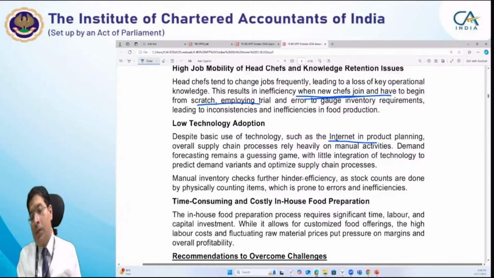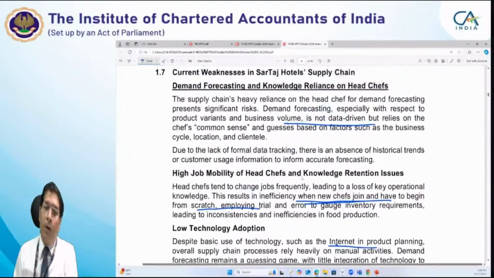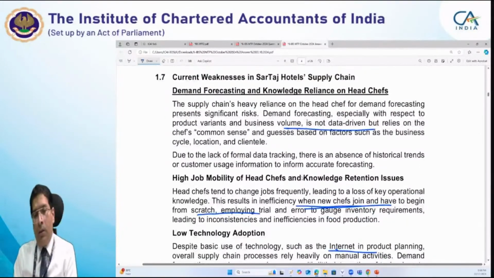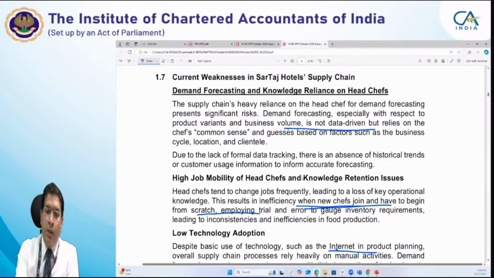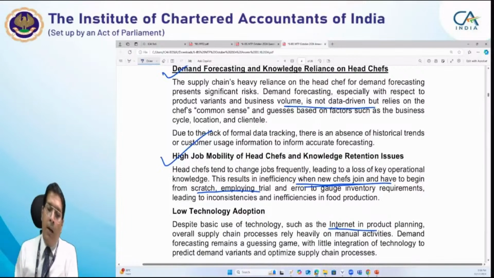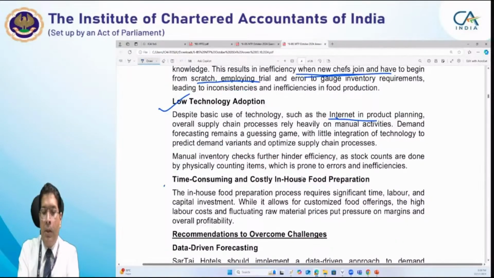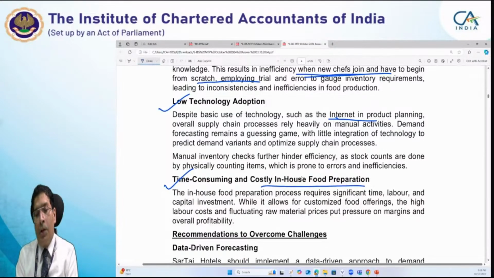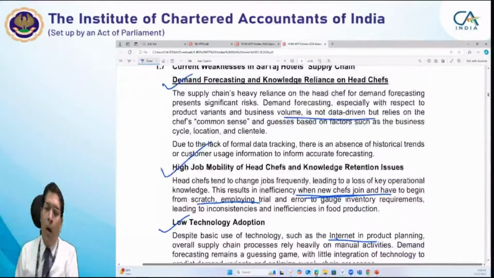And fourth is time consuming and costly in-house food preparation. I have already told you there are four types of problem. First is in demand forecasting, second is job mobility problem, third is low technology adoption, and fourth is costly in-house food preparation.